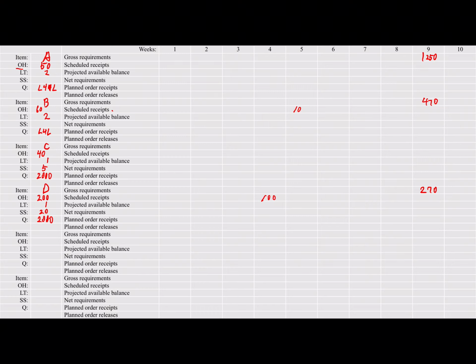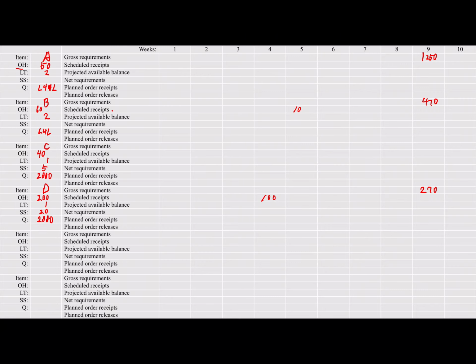All right, for item A, now let's look at week 1. We know currently in week 1 there's no gross requirement, right? There's only a gross requirement in week 9, 1,250 in week 9.